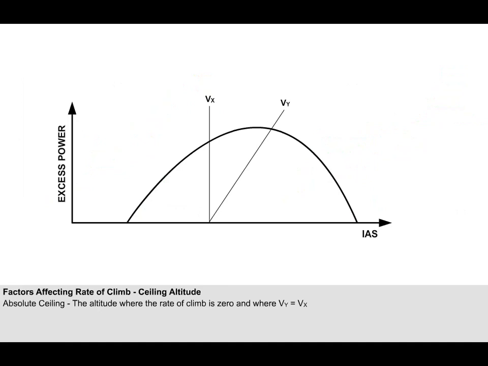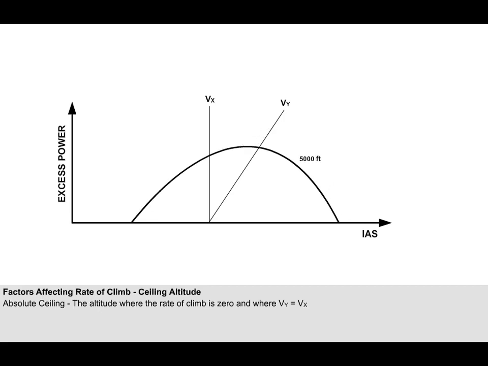The graph on screen shows the excess of power for a typical aeroplane at MSL. Notice Vy is the speed that gives the maximum excess power available and maximum achievable rate of climb. As altitude increases, notice that the excess power available, achievable rate of climb, decreases and the indicated airspeed for Vy decreases.